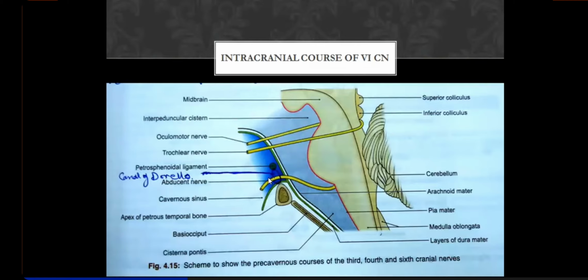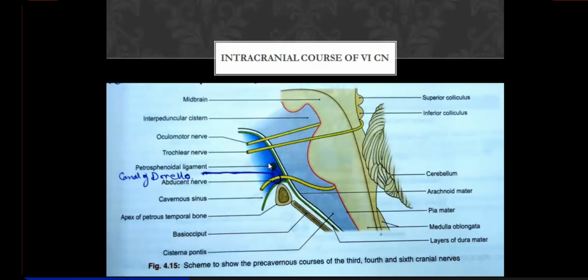So when it perforates, it will actually have a fold of dura from the apex of petrous reaching to the body of sphenoid, and that is called petrosphenoidal ligament.